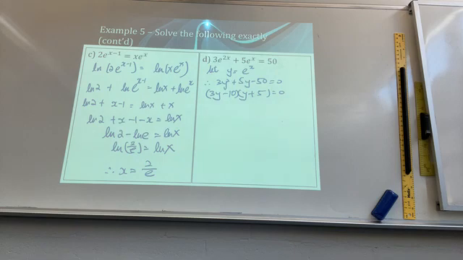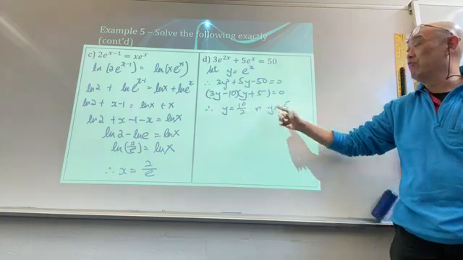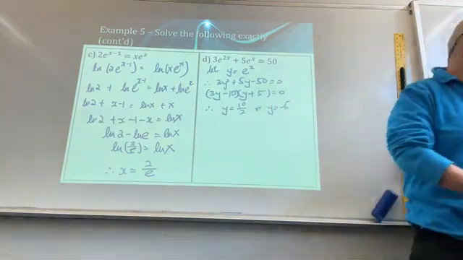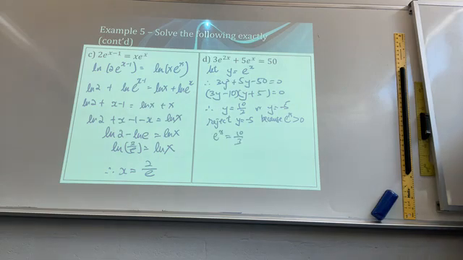You have to write down y equals 10 over 3 or y equals minus 5, and then state that you need to reject minus 5, because e to the power of x is greater than 0. And therefore x is log of 10 over 3.